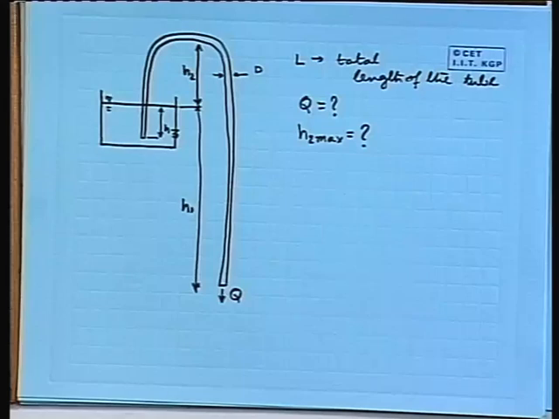What is the maximum permissible value of H2 so that there is flow through the siphon. All right. So, first question is very important. So, how to find out Q? How should we approach this problem?